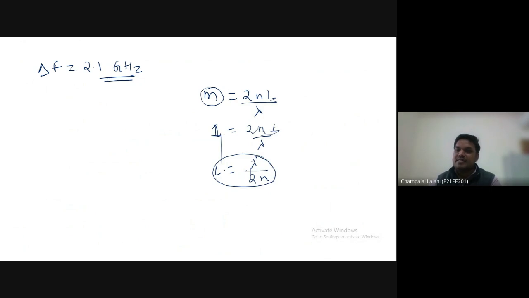So here you can see that the length of the cavity should be in the order of lambda. Meaning if n is air, then L should be lambda by 2. So making such a small cavity of the order of wavelength.